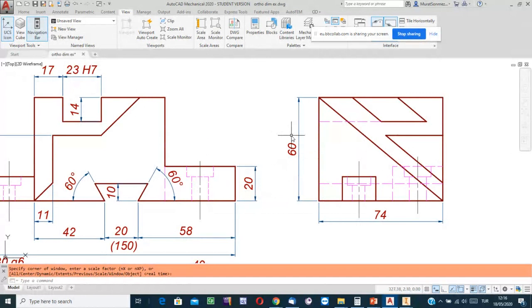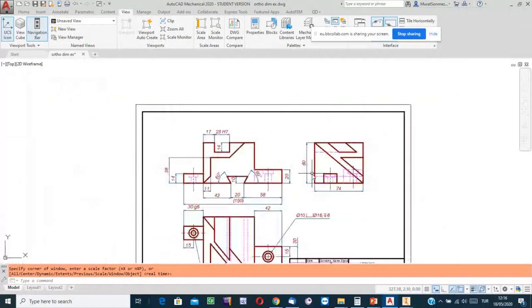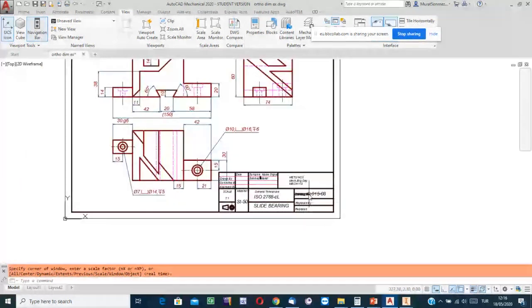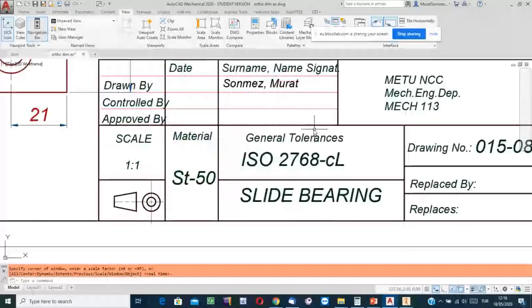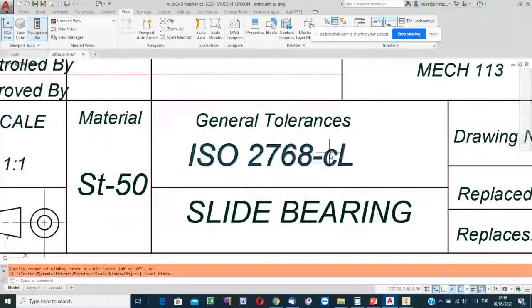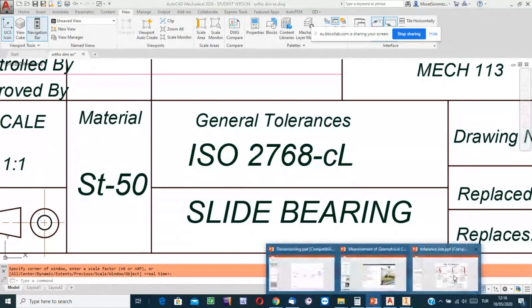This means it is non-functional. For a non-functional dimension, in the example, refer to the title block. The first is the size tolerance class, lowercase c. First, see the class letter from such a box. It is C. And then, how about the rest?